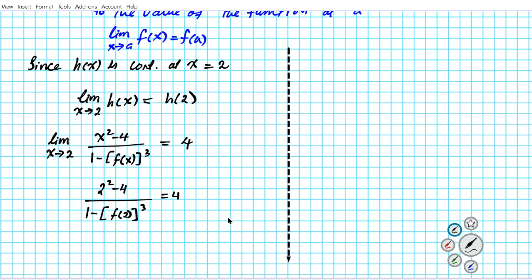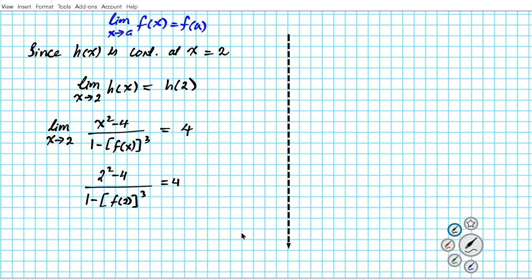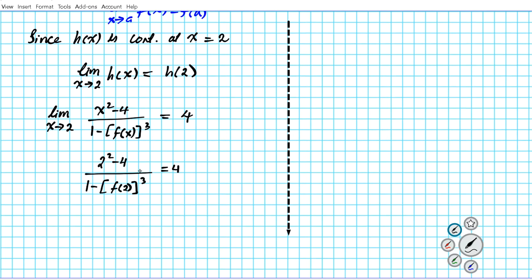Now this becomes an algebra problem. What are we trying to solve for? We're just trying to get f of 2 isolated. That's the goal. In the numerator, 2 squared minus 4 is 0, so we have 0 over 1 minus f of 2 raised to the third power. Put the 4 over 1, and then we just cross multiply.